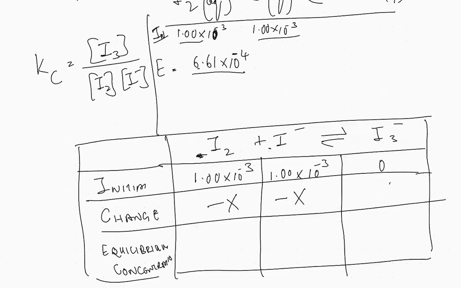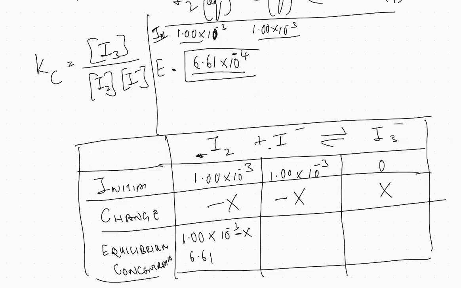Kc is not given to us either. So the equilibrium concentration has to be, they have given us the equilibrium concentration of iodine, so 1.0 times 10 to the negative 3 minus X, which should be equal to 6.61 times 10 to the negative 4. Just keep it there, but if you just write that one, that's enough.